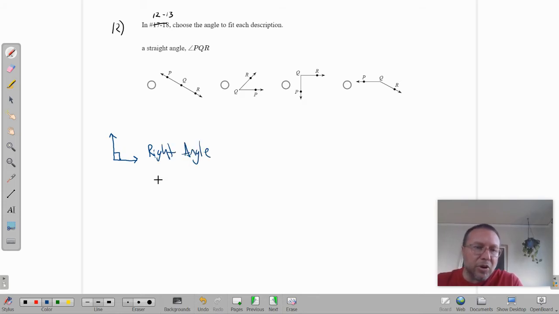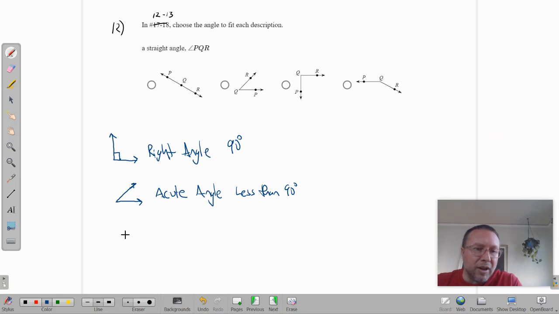But if you have an angle that is smaller than 90 degrees, so let's say you have something that looks like this, when you think something is cute, it's usually something small. So that would be an acute angle, which would be less than 90 degrees. A right angle is 90 degrees. This would be less than 90.